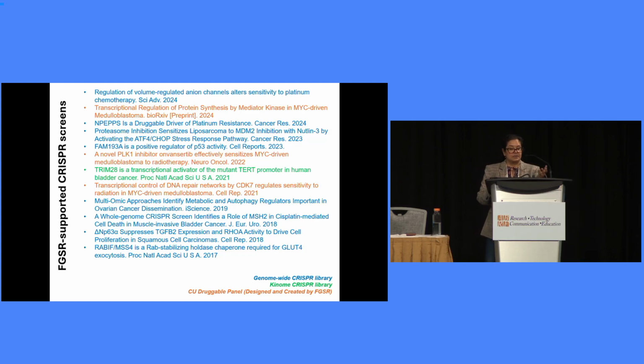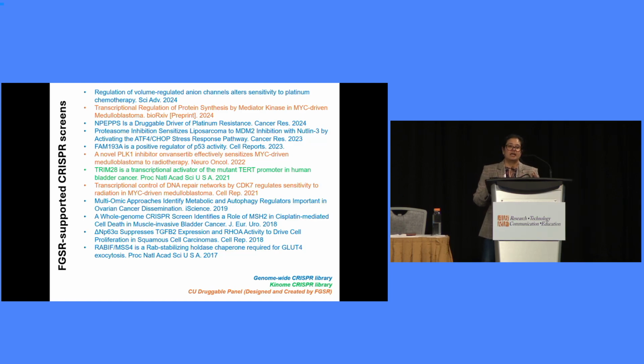We've also supported a screen which used the pre-made kinome CRISPR library. But I also want to talk to you about custom CRISPR libraries. So you give me a list of genes, we can design and create a very custom CRISPR library. One of the first libraries that we created is called CUDP, or CU Druggable Panel.